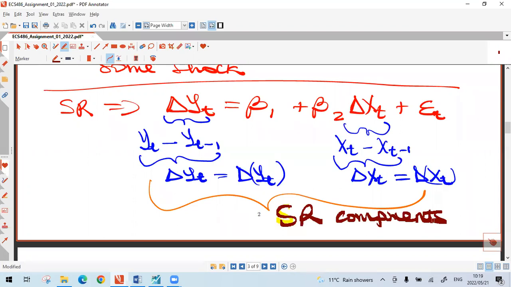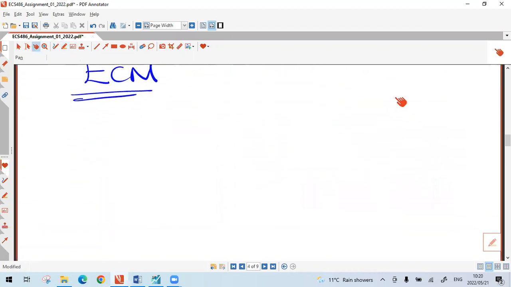Obviously, long run components are not different like this. Remember when we ran our long run equation, we did it in levels. But this equation that I'm having is just showing the short run components. So let's try to bring together the two, short run components and long run components.